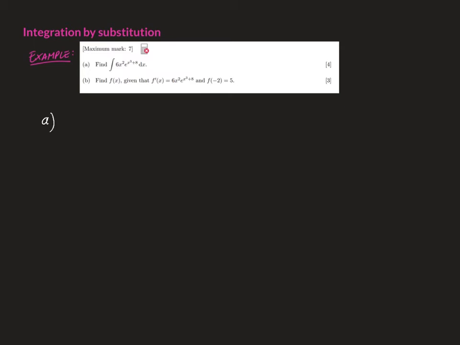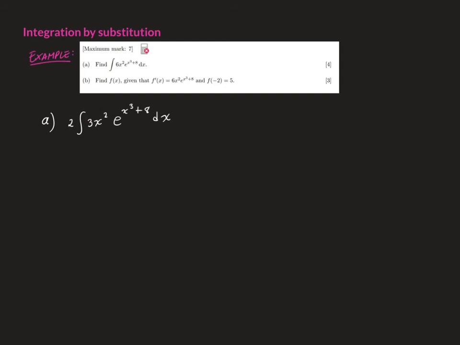I'm going to take that 6 and split it into 3 times 2. I'm going to leave the 2 outside and the 3 inside, having 3x squared times e to the power of x^3 plus 8 with respect to x. This way, the derivative of x^3, which is 3x squared, is explicitly seen in the integral.